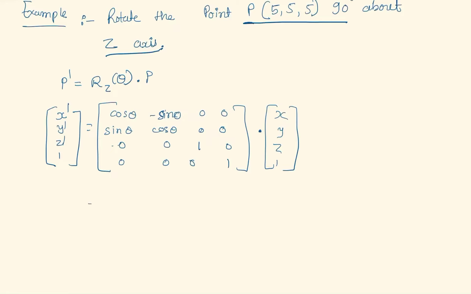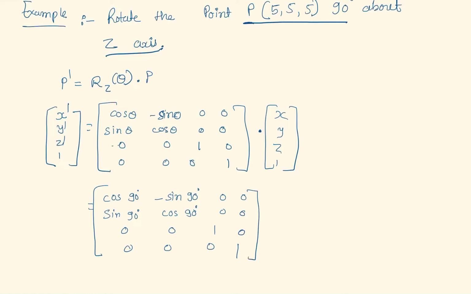So cos 90, minus sin 90, 0 0, sin 90, cos 90, 0 0, 0 0 1 0, 0 0 0 1, into which point? x y z, which is given in this example as 5 5 5 and 1, right?